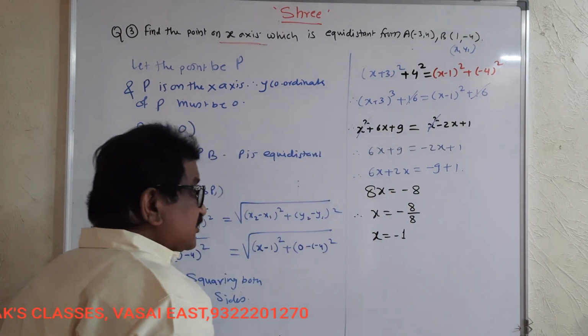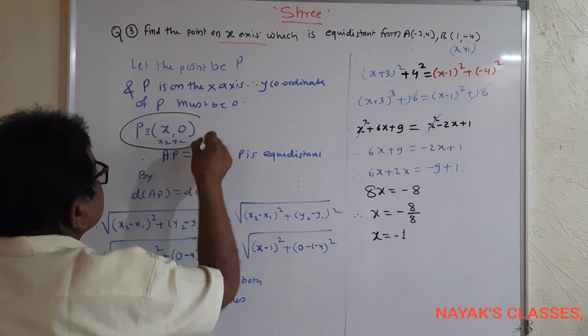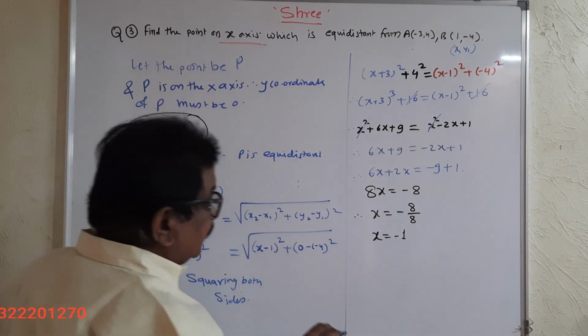What is x? x is the coordinate of P and the y coordinate is 0.